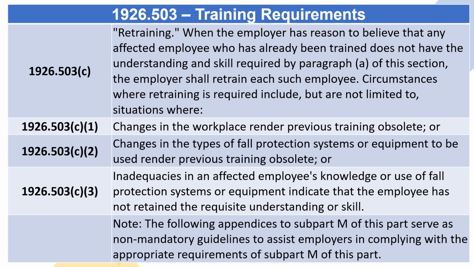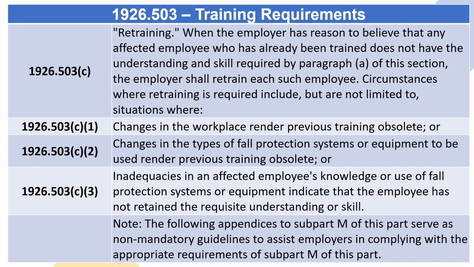Circumstances where retraining is required include, but are not limited to, situations where: (1) Changes in the workplace render previous training obsolete, or (2) Changes in the types of fall protection systems or equipment to be used render previous training obsolete, or (3) Inadequacies in an affected employee's knowledge or use of fall protection systems or equipment indicate that the employee has not retained the requisite understanding or skill.